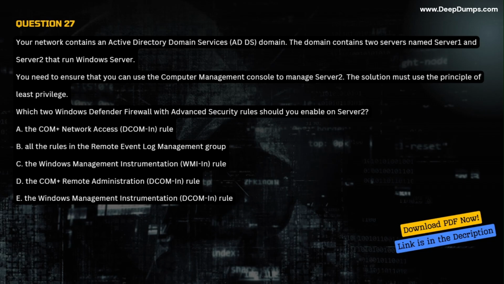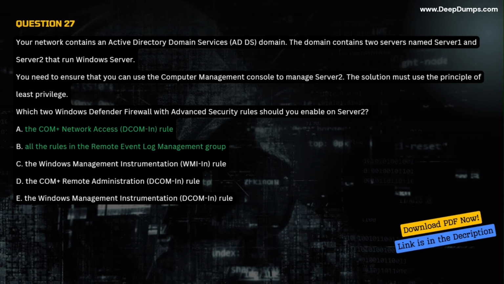A. The COM+ Network Access (DCOM-IN) rule. B. All the rules in the Remote Event Log Management group. C. The Windows Management Instrumentation (WMI-IN) rule. D. The COM+ Remote Administration (DCOM-IN) rule. E. The Windows Management Instrumentation (DCOM-IN) rule.